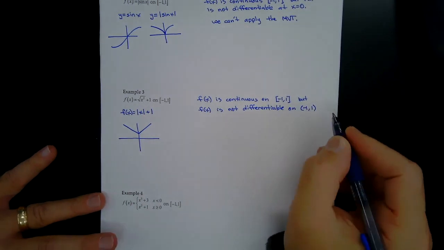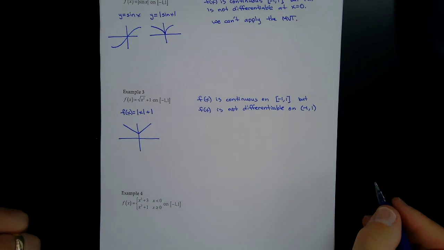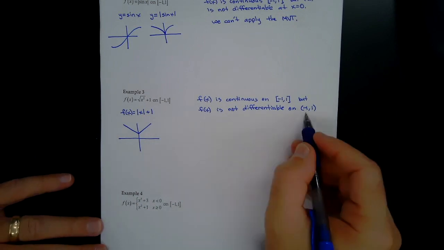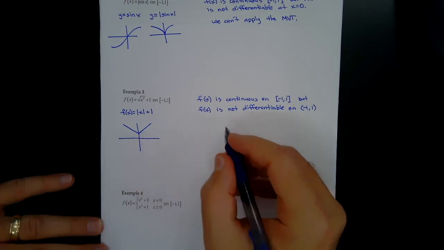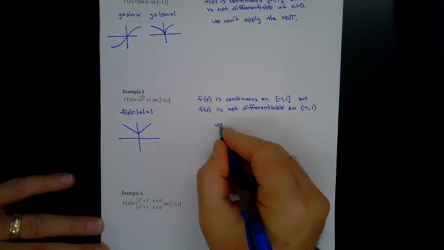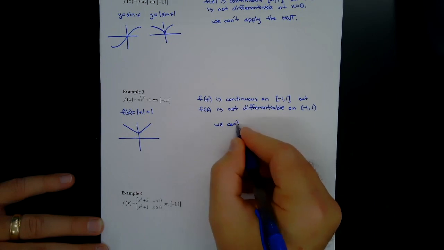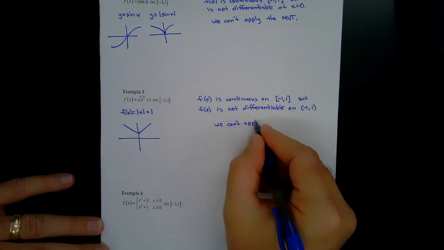I'm writing this a different way so you see different ways of writing it, okay? So since it's not differentiable because there's a corner here at x equals 0, we can't apply the MVT.